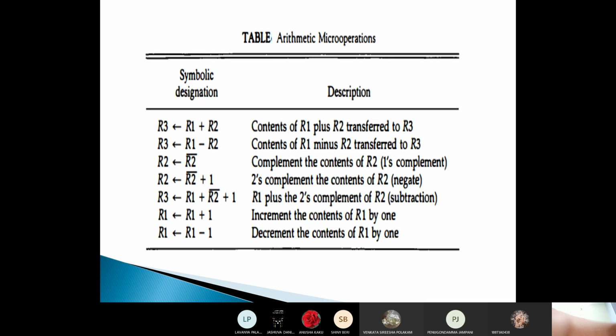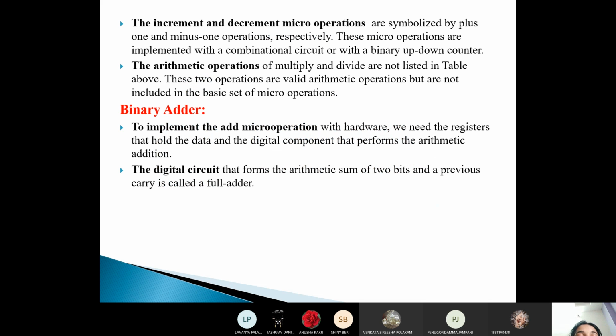Next, the table of the arithmetic micro operations. The micro operations most often used in digital computers are classified into 4 categories. Register transfer micro operations transfer binary information from one register to another. Arithmetic micro operations perform arithmetic operations on numeric data stored in registers.